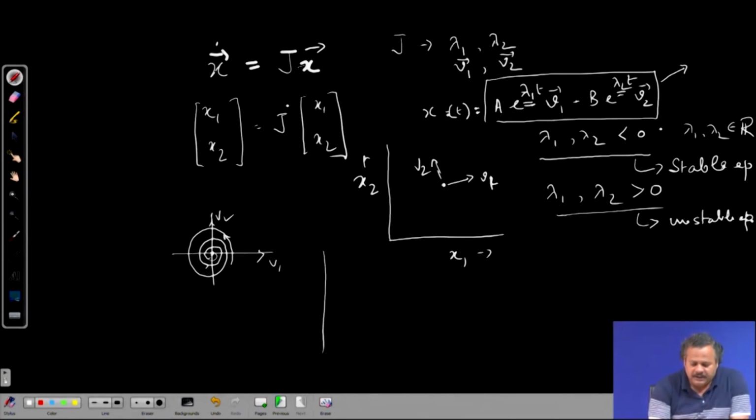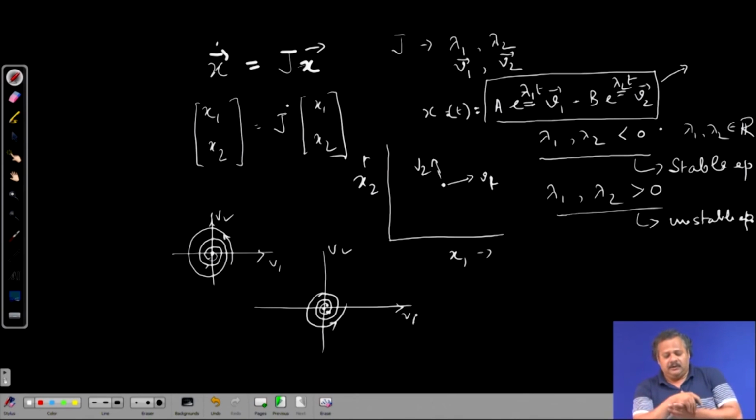And obviously, for the unstable spiral, if this is the equilibrium point and this is v 1 and v 2, then if we start the system near here, it will gradually move out of the vicinity of the equilibrium point.